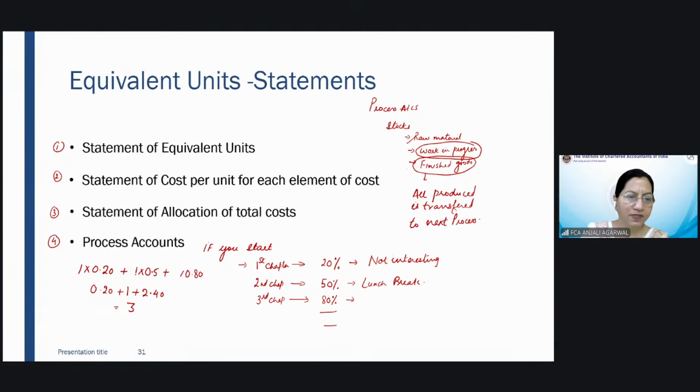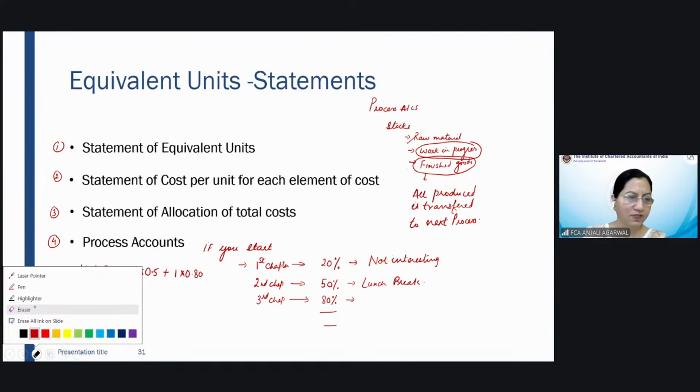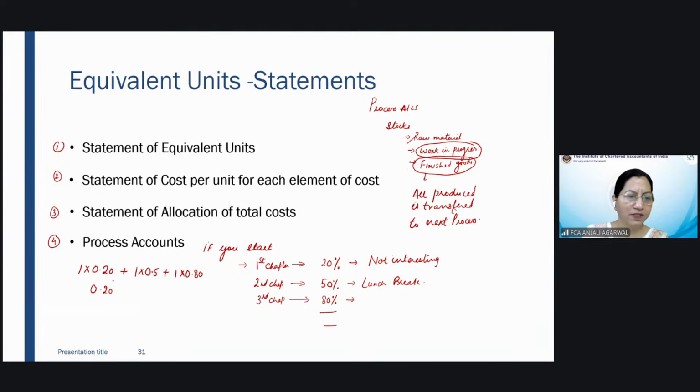One chapter 20% complete, one chapter 50% complete, and one chapter 80% complete. So, is it that you have not done anything? No. You have done something. How much? One chapter 20% complete is 0.20 plus 0.50 plus 0.80. So we can say that you have completed 1.5 equivalent units of finished product.